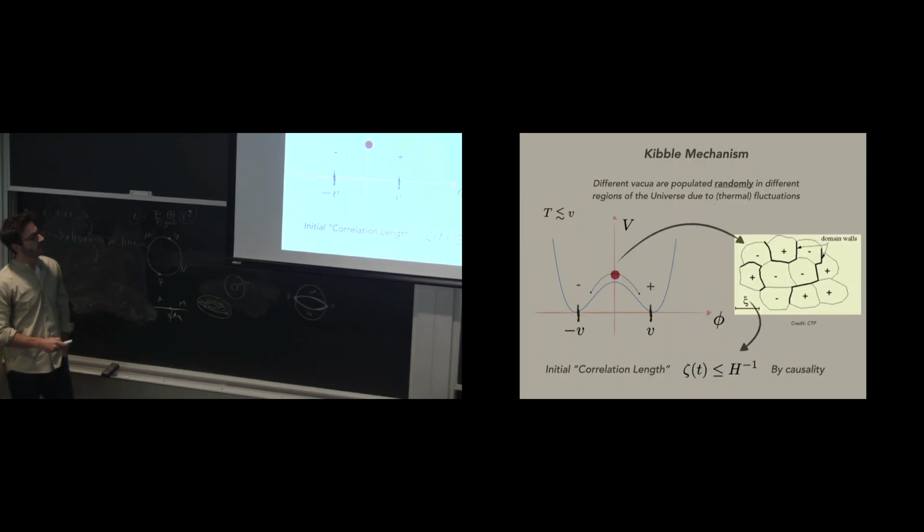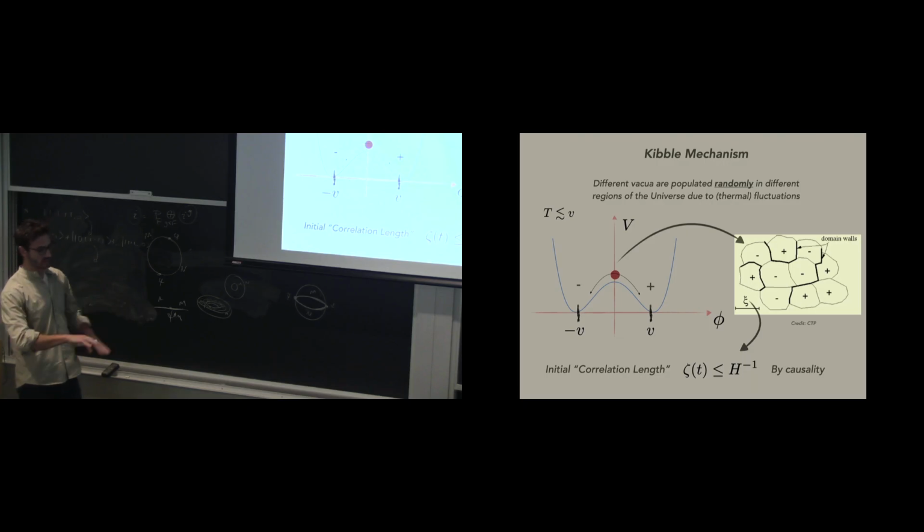The way this goes is known as the Kibble mechanism. Basically, you can end up in one of the two minima randomly at each position in space due to thermal fluctuations. You can also find other types of models where it's not thermal fluctuations, but maybe something else, that will also give a domain wall network. But this is the simplest mechanism.